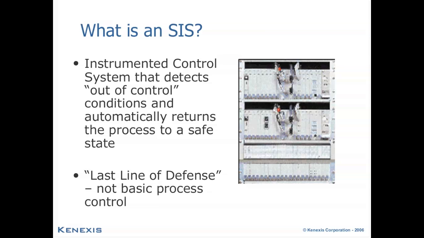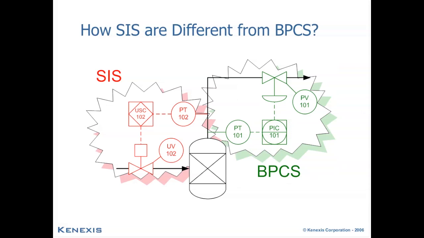It is outside what we would define as the day-to-day or basic process control system within a plant. So it's a system that takes usually fairly extraordinary actions to shut down a process, or in the language here, return the process to a safe state when certain predefined safe operating limits have been violated. Those are the out of control conditions that would prompt a system like this to shut the process down. That's a common practical definition of a safety instrumented system.